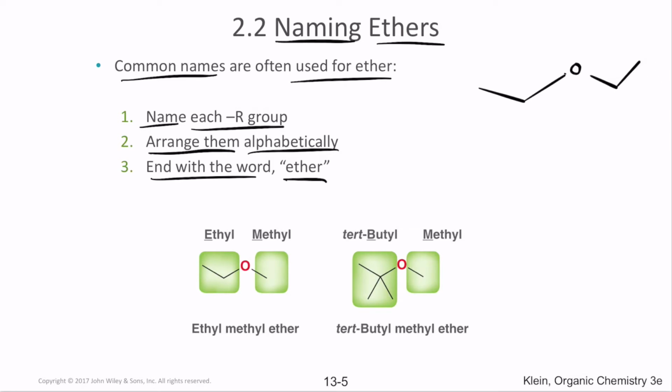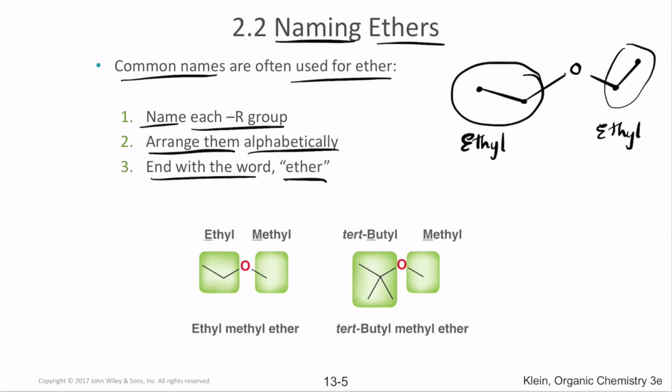Notice that the side chains are the ones that are important. There are two carbons here, and two carbons here. So this side is an ethyl group, and this side is an ethyl group. Both are ethyl groups, so we write it as diethyl ether.